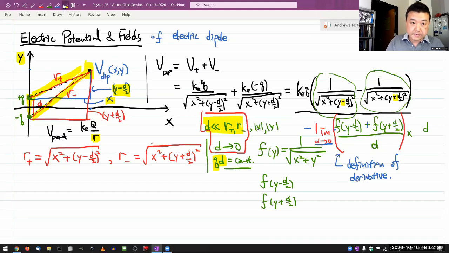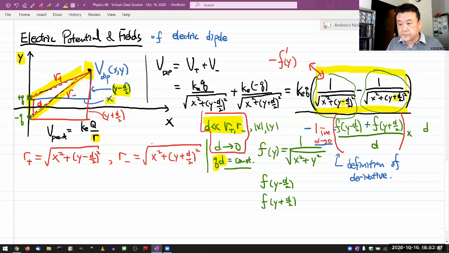I'm going to replace what's in here with the minus of the derivative of the function with respect to y. I'm going to leave x alone, times d. That's this d here. Now, in general, that's not precisely correct, but this is the magic of calculus. This is the magic of the limiting procedure, that in the limit where d goes to 0, that gives you the exact result. So let me take the derivative.